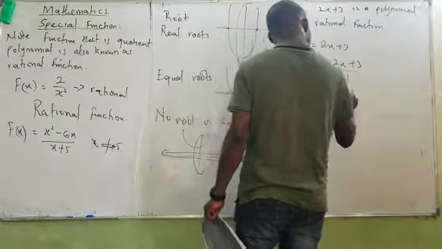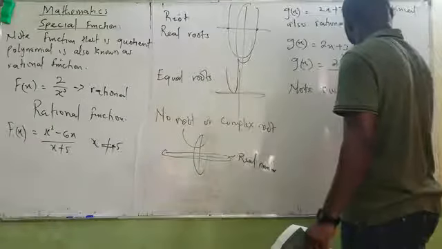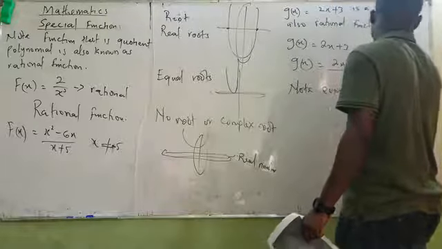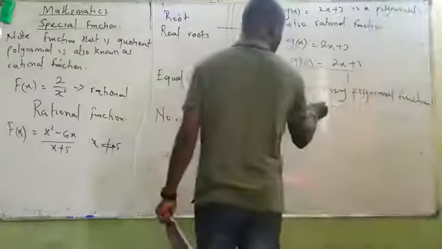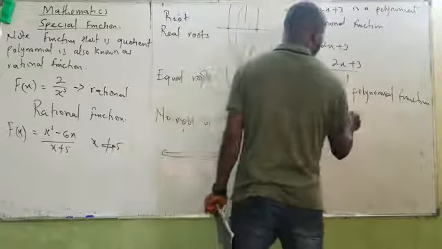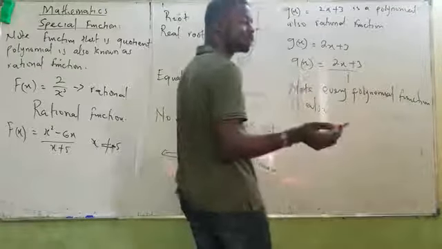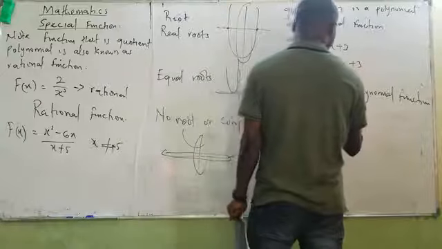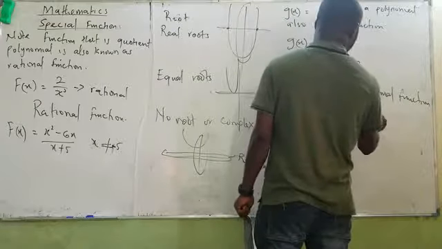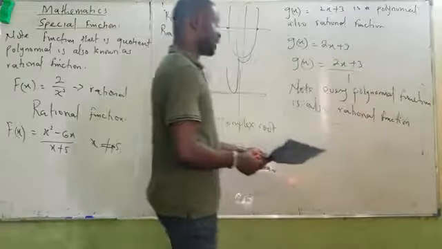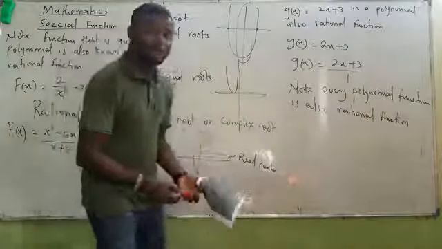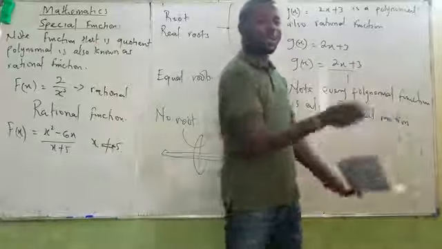It means every polynomial function is also a rational function. That is what I'm trying to show there. Because every polynomial function, I can divide it by 1.